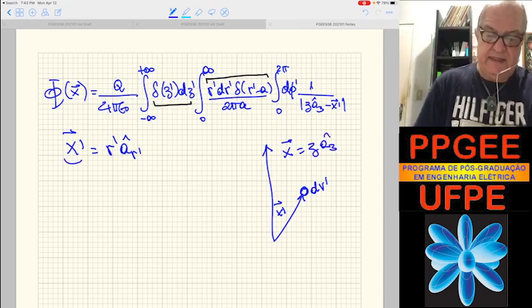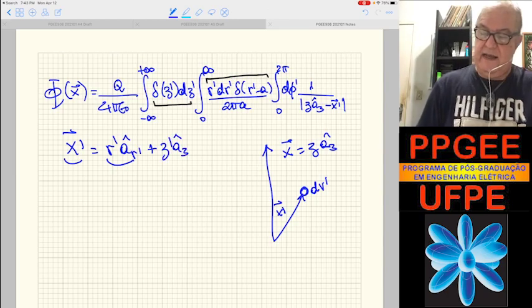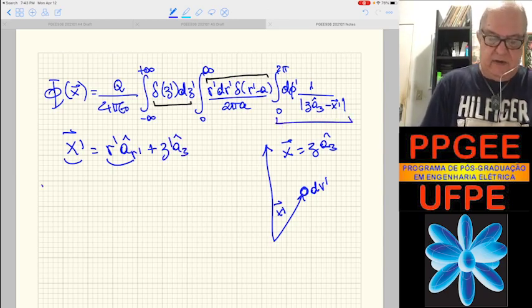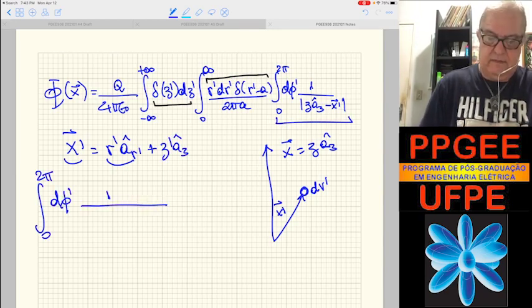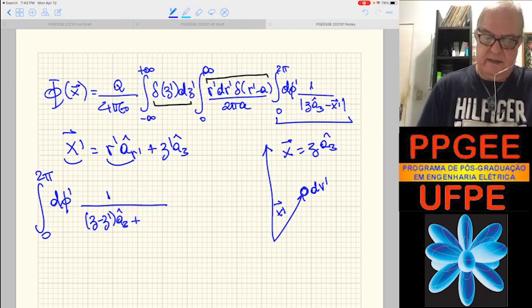So x prime is r prime a r prime plus z prime a z. So this integral here is the integral from 0 to 2 pi. So we have one term which is z minus z prime a z plus r prime a r prime.